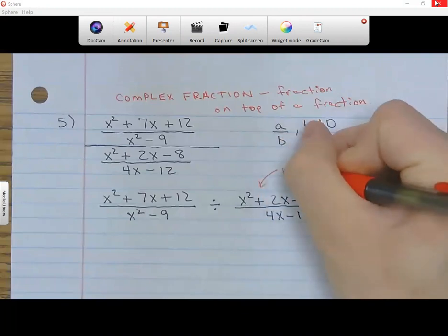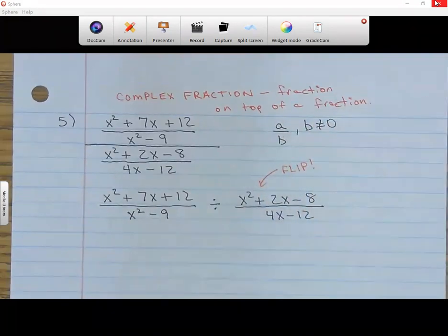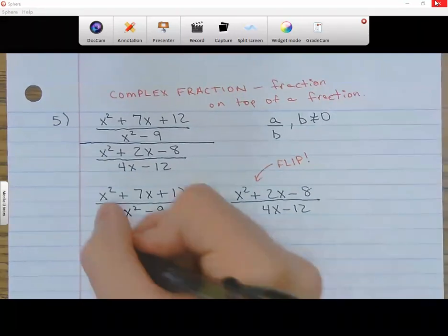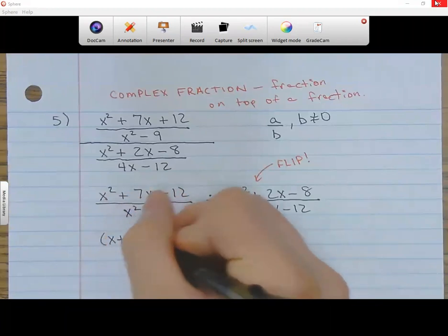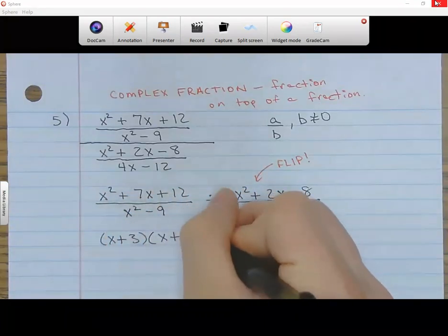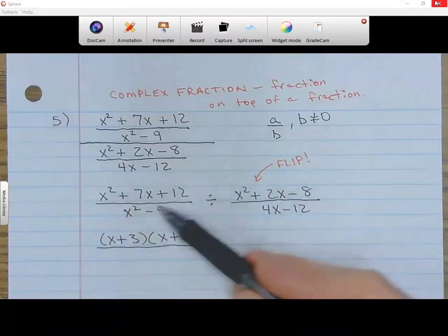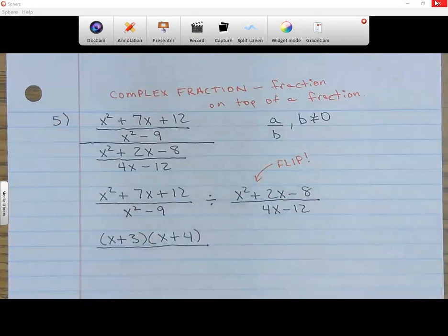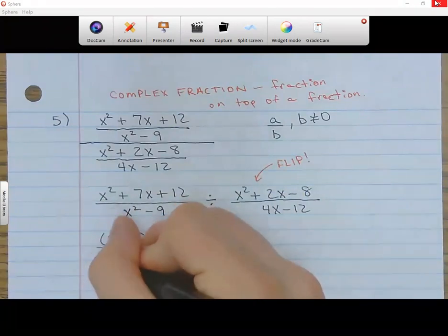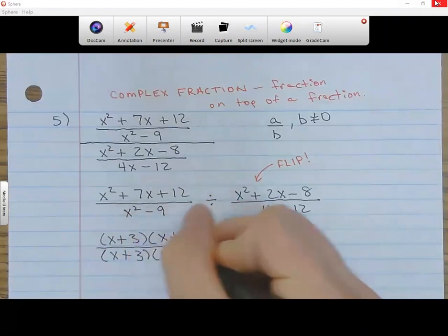We're going to be flipping this in the very end. So let's factor the first fraction. We got x plus 3 and x plus 4 on top, because once again, I have to multiply to 12 and add up to 7. And on the bottom, I'm going to have x plus 3, x minus 3, because that's difference of squares.